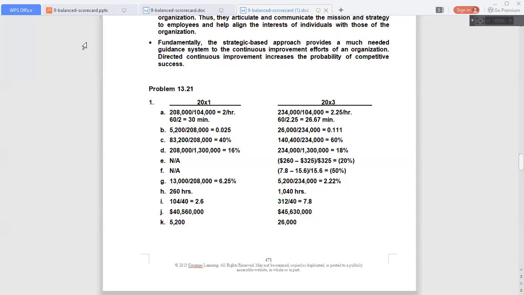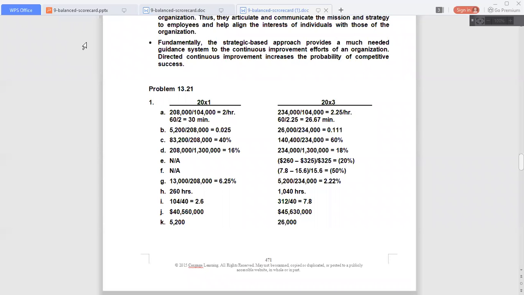So you get an increase in the percentage of very satisfied customers. Letter D, how about the market share? We now divide 208,000, that's your actual production, by 1.3 million. That's the market size. So the market share in 20x1 is 16%, but it increased to 18% in 20x3.